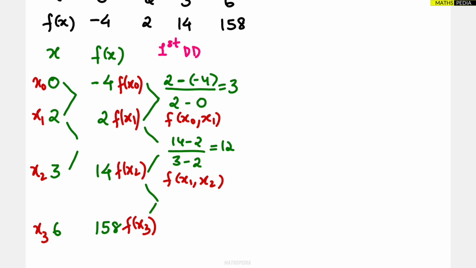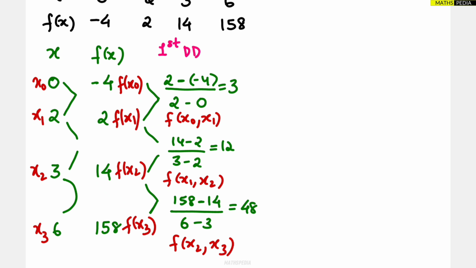Now the difference of this and this: 158 minus 14 divided by 6 minus 3, not 3 minus 6, 6 minus 3. It will be 48. This will be considered as f of x2 comma x3, because we are considering x2 and x3 for our calculation.